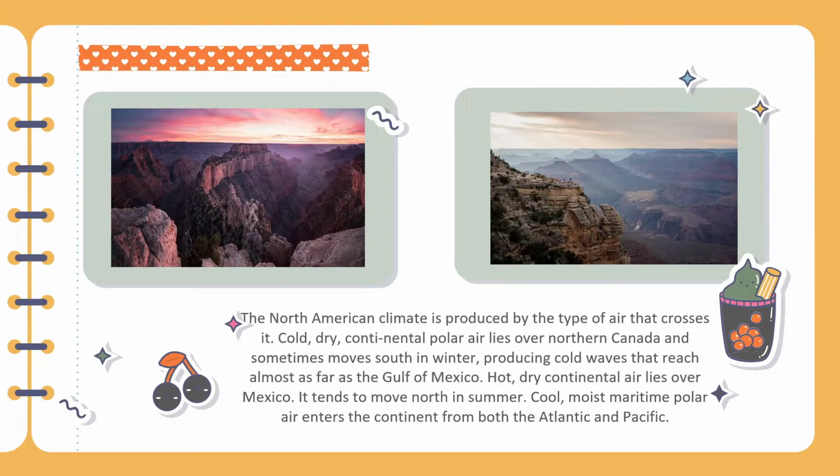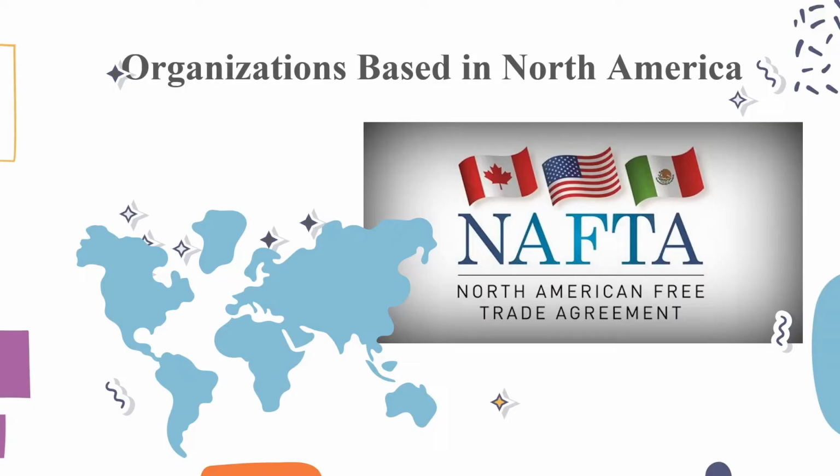It tends to move north in summer. Cold, moist maritime polar air enters the continent from both the Atlantic and Pacific. That is why the Grand Canyon is very, very iconic, the most beautiful spot for travelers to spend their holiday.